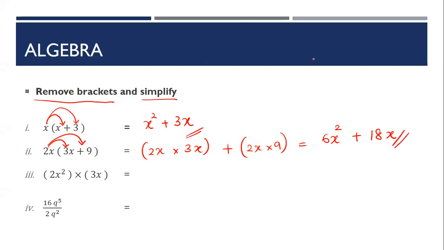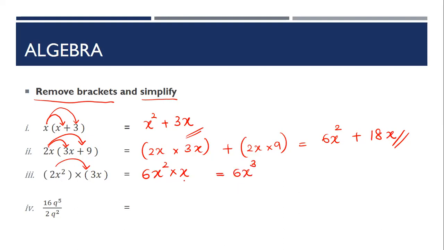Okay, so what is the answer for our third one? 6x power 3. Okay, so let's see. So here 2x square into 3x. We multiply 2 into 3, which is 6, and x square into x. So we are getting 6x cube.